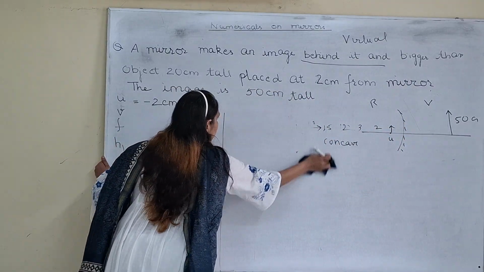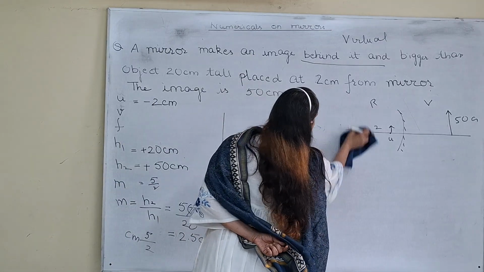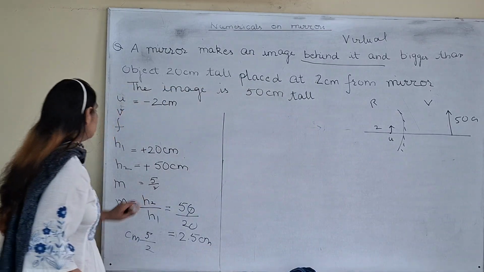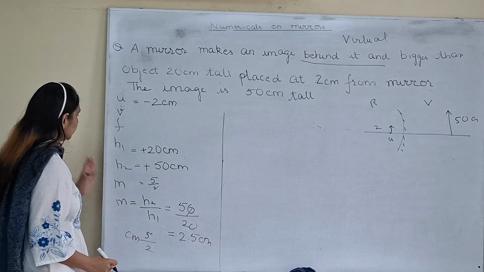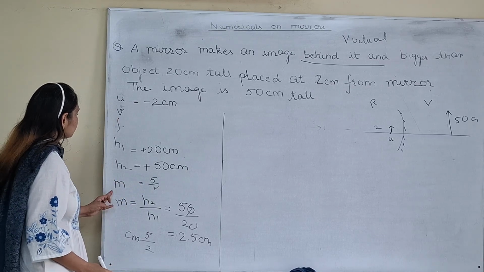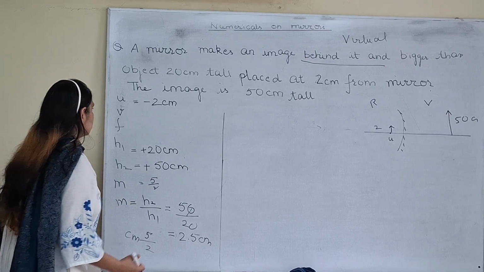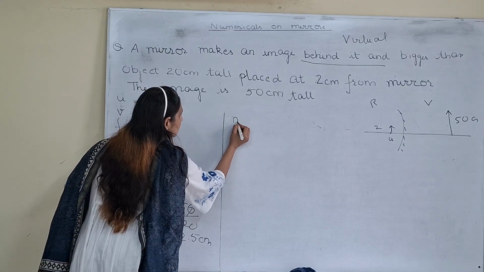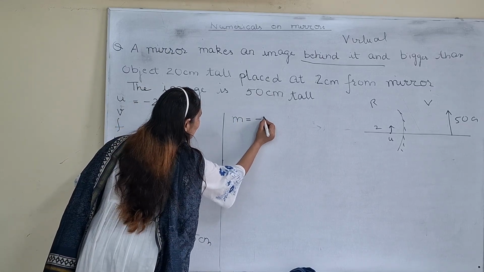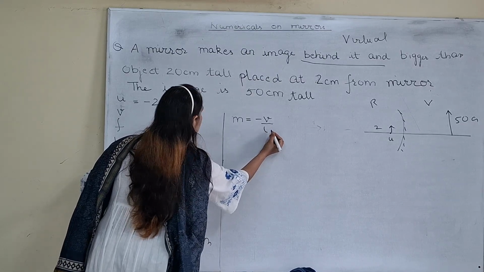Okay. Now where are we? Okay, so we found out the magnification, which is 2.5. Now what do we do? We have a formula, m is equal to minus v by u. We can use it to find the v.